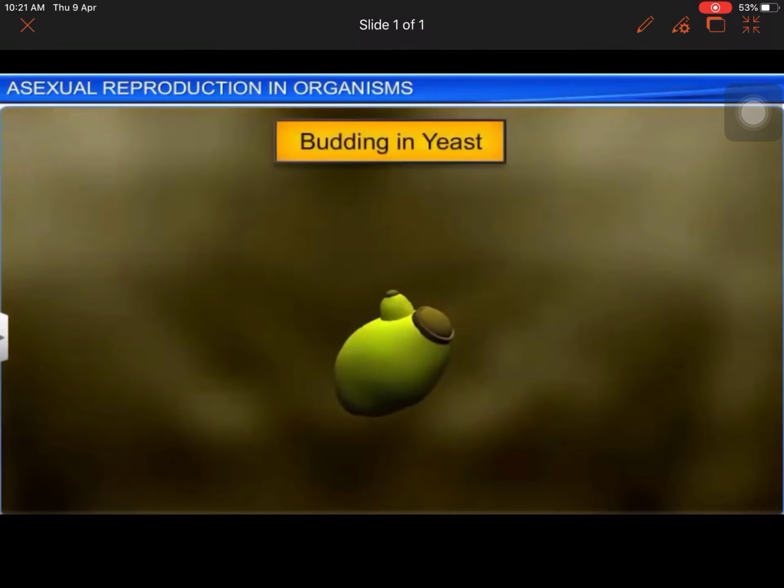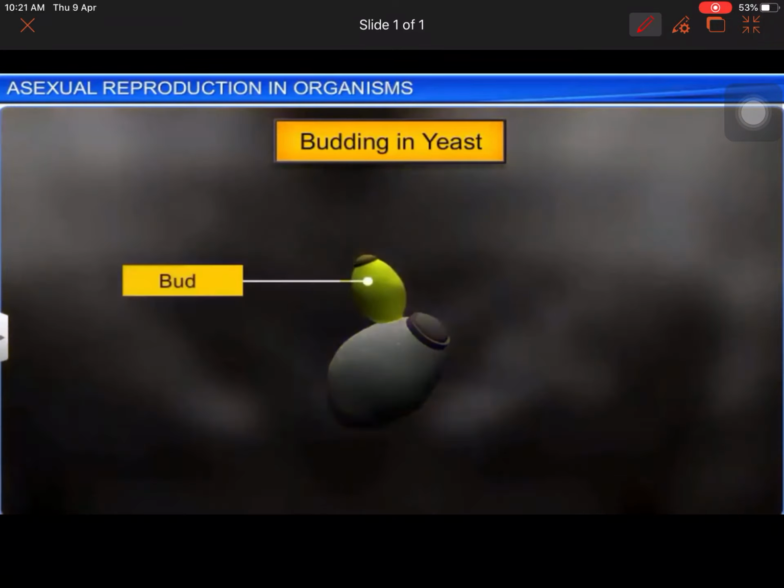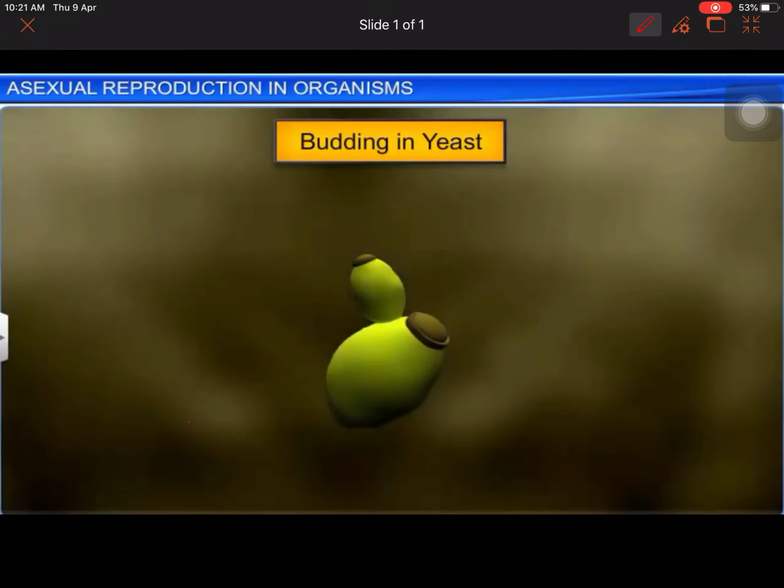Yeast, on the other hand, reproduces through budding, where the parent cell produces small buds through mitosis.